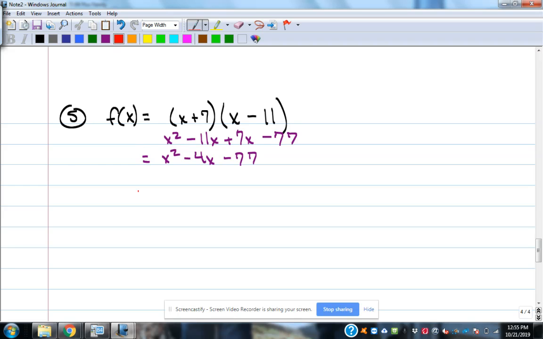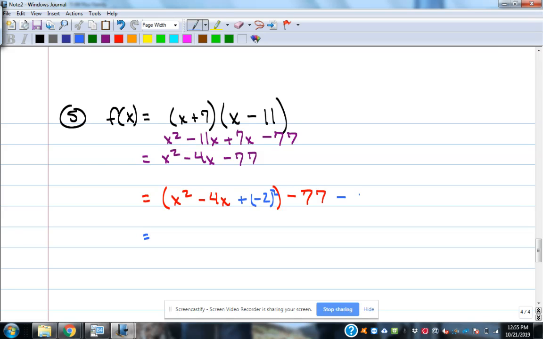Now I can set this up to complete the square. What's half of b? -2. So I'm going to add -2 squared on the inside.